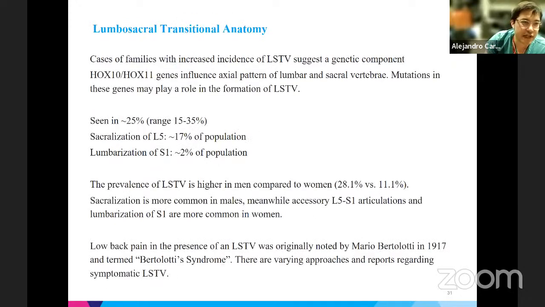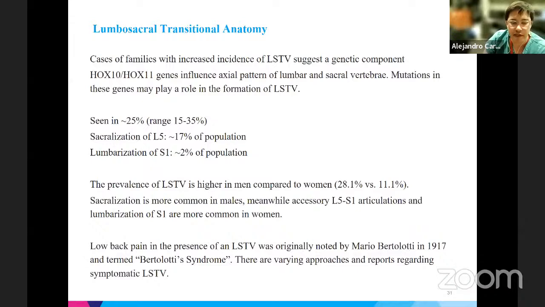And interestingly, studies suggest that lumbosacral transitional anatomy has a genetic component involving the Hox genes, and mutations in these genes may play a role in the formation of the lumbosacral transitional vertebrae. Lumbosacral transitional vertebrae are seen in about a quarter of people.